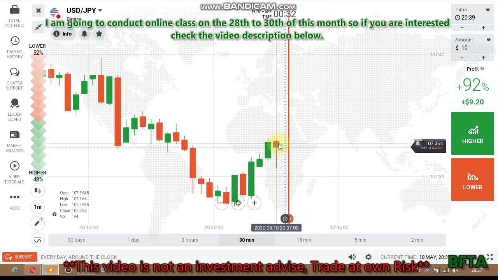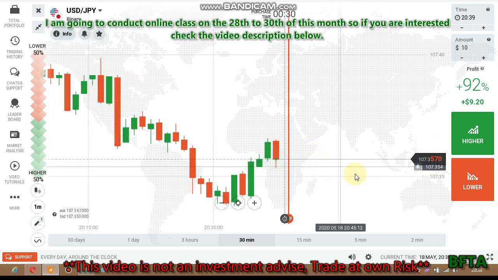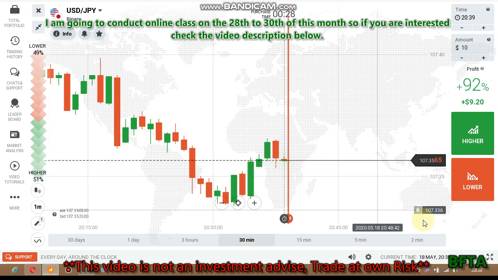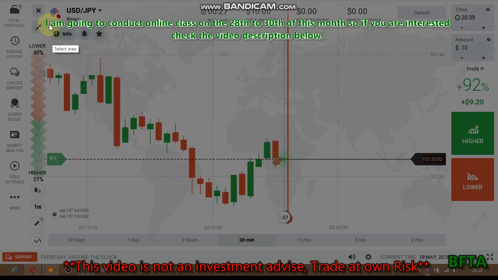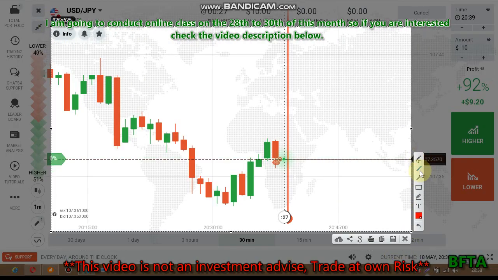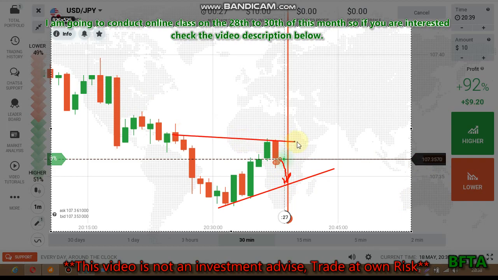So let's see if it closes as a bullish candle or a bearish candle. I'm going to place a put option here because the next buyer's entry is here. That means the sellers will now enter and continue to this level. The sellers will form a bearish candle and continue to this level because we can see the 1-2 move.